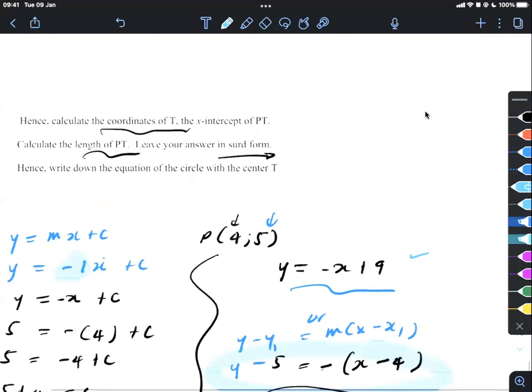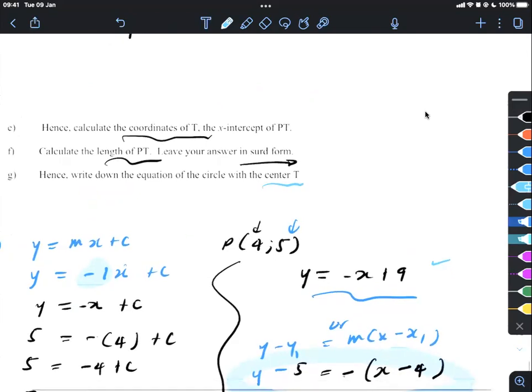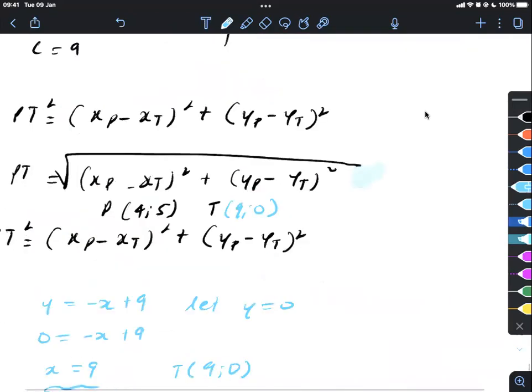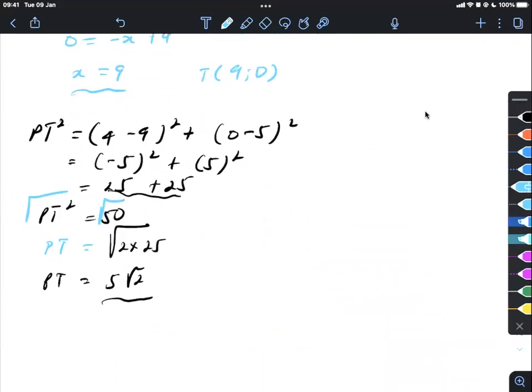All right. Now, the next one says, hence write down the equation of a circle with the center T. So now I have the center T. I should find the equation of a circle. Remember, the point P is also on the circumference of that circle.